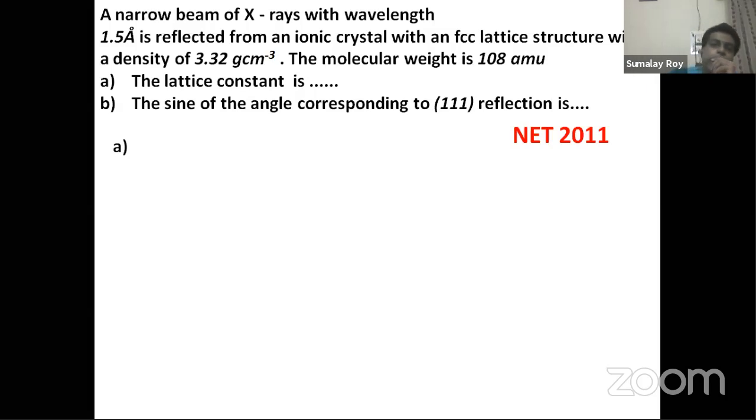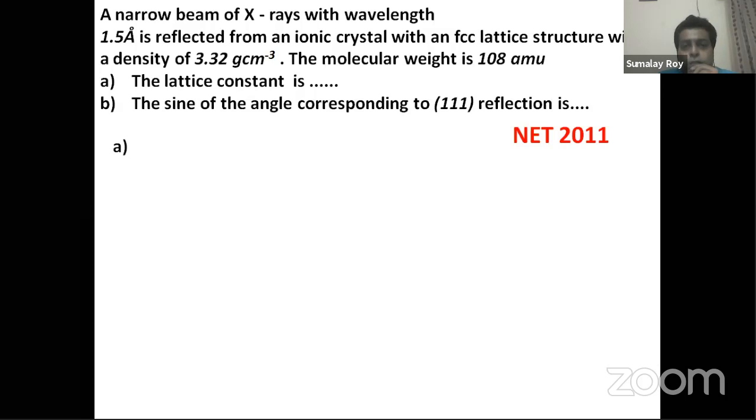Okay, now let us start with this problem. Last day, Z is equal to 4, mass is given, very good, Arya Gauri said. So last day we did the number of molecules in an FCC lattice like sodium chloride. We solved that problem.